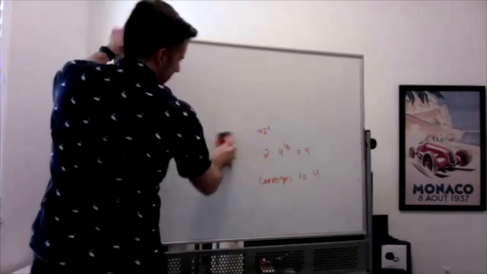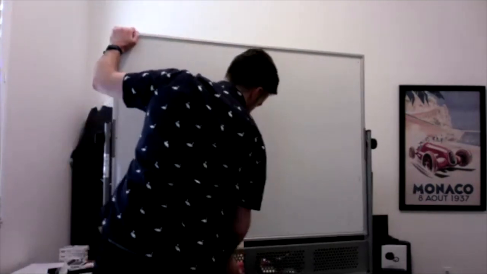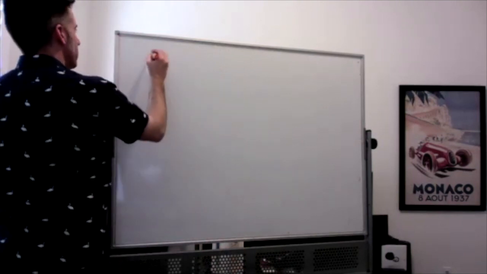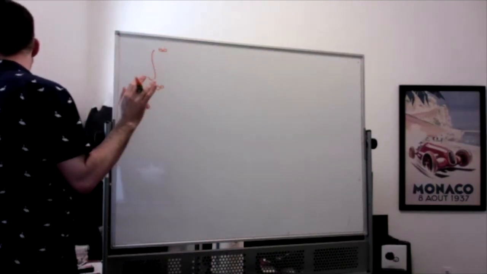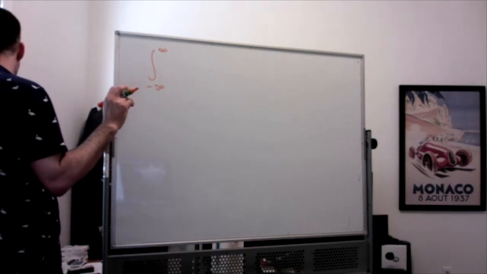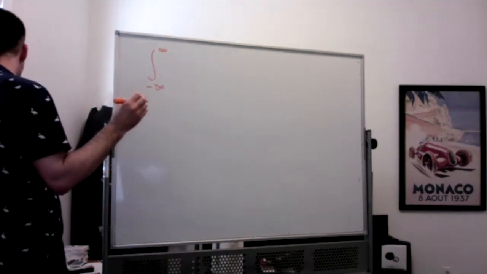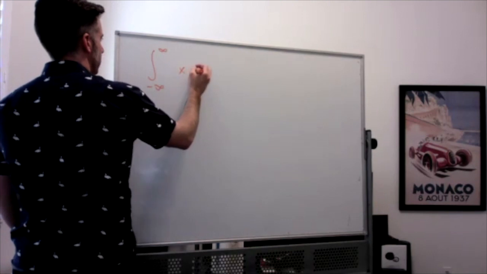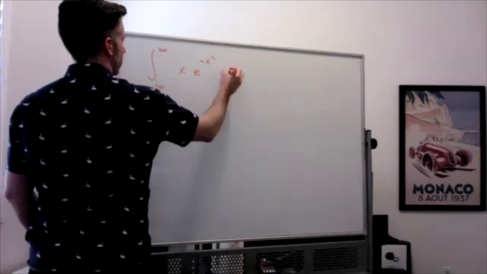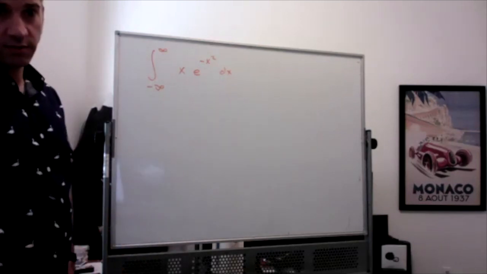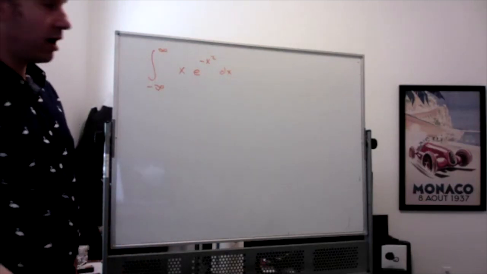Sometimes I feel like people have said this in other classes when I was in school. This integral from negative infinity to infinity of x e to the negative x squared. This converges, and it converges to 0.